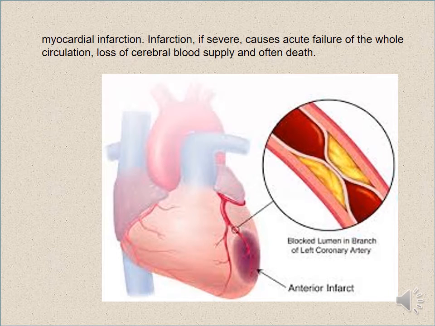Second one is myocardial infarction, MI. Infarction, if severe, causes acute failure of all circulation, loss of cerebral blood supply, and often death. الانفاركشن معني انه all the lumen of coronary artery is closed by the atherosclerosis that no blood supply and lead to death of myocardium.